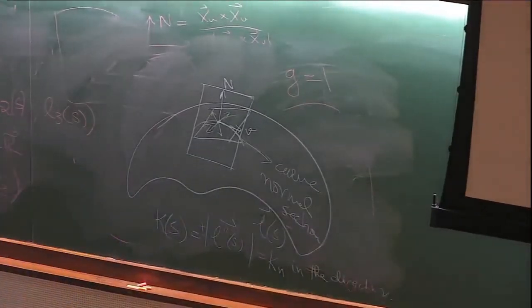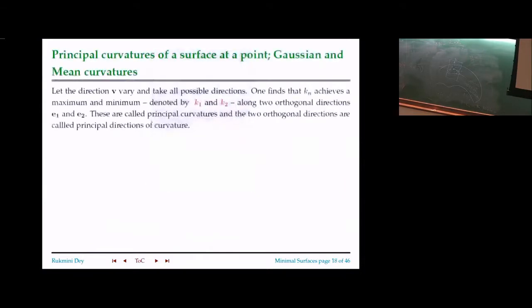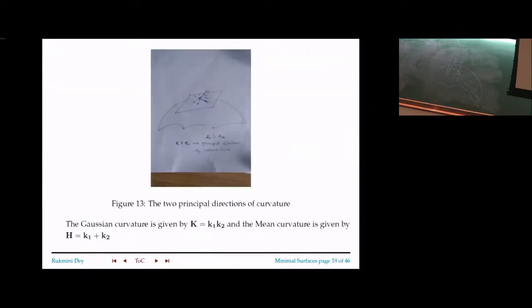Okay, we are not done yet. There are so many directions. Every direction is going to give you a normal curvature. So what do we do now? Well, we just let the directions vary, find the maximum, and what we find is this Kn will achieve a maximum and a minimum in two orthogonal directions.